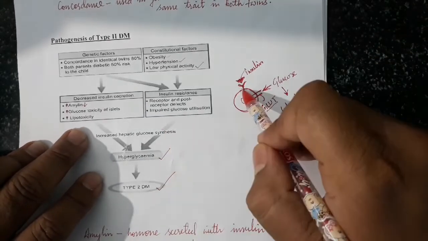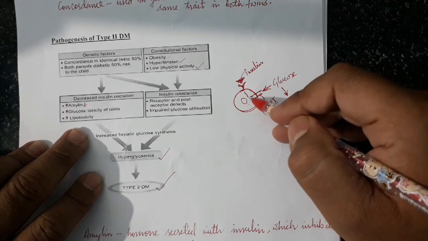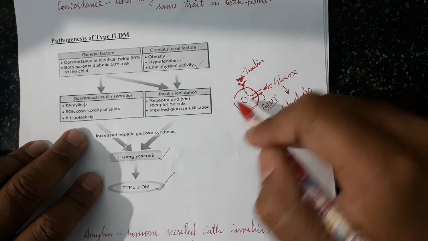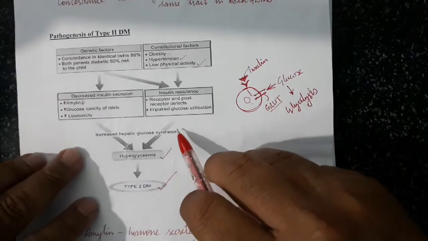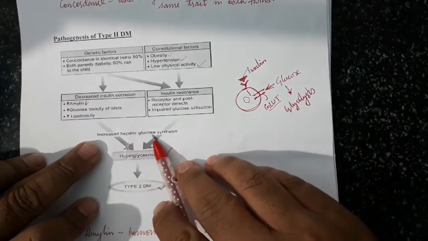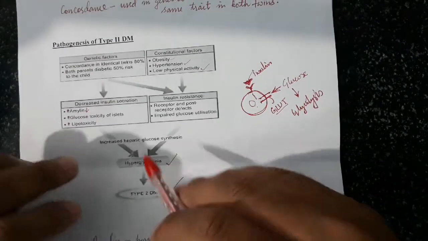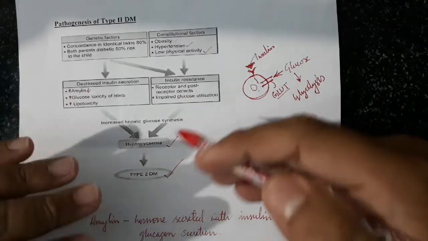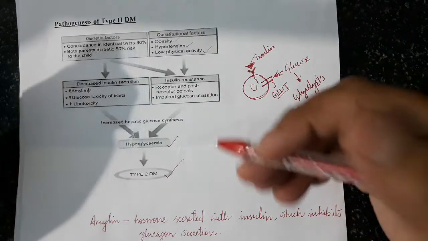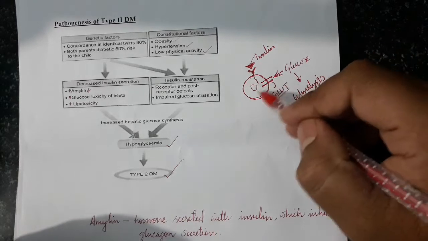That's why glucose is utilized. So when there is a defect in receptor and post-receptor signal, then it causes impaired glucose utilization, and this all leads to increased hepatic glucose synthesis. So the liver is synthesizing more glucose, but utilization is not there.